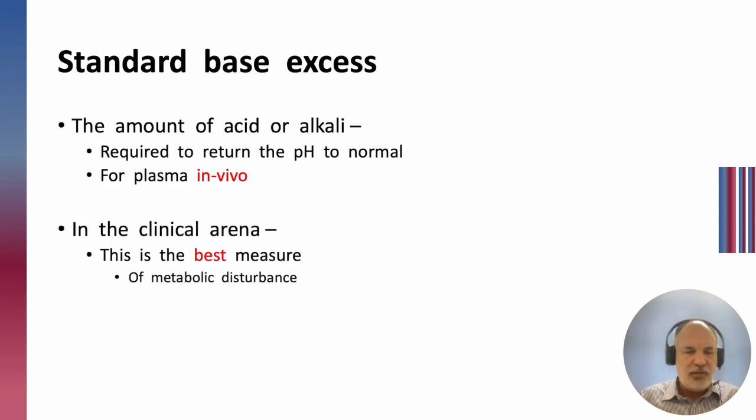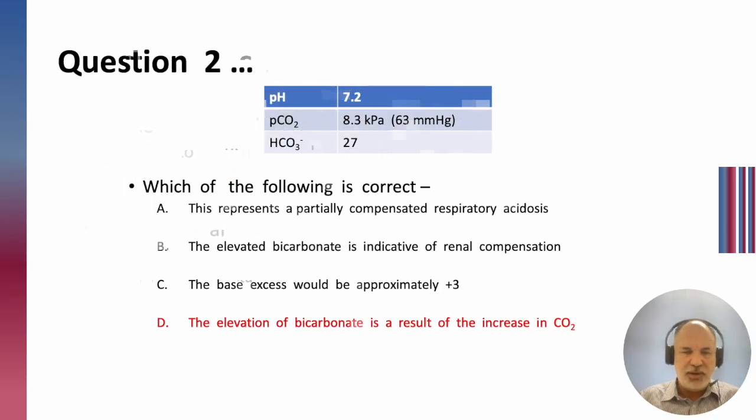And in the clinical arena, it's probably the best measure of metabolic disturbance. So in terms of question 2 then, looking at the right answer, the correct answer here is that the elevation of bicarbonate is quite simply the result of the increase in CO2 from that equation that demonstrated the hydration of CO2.